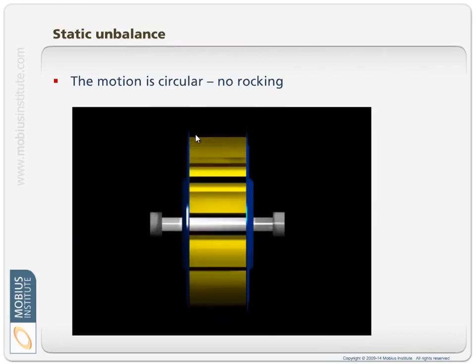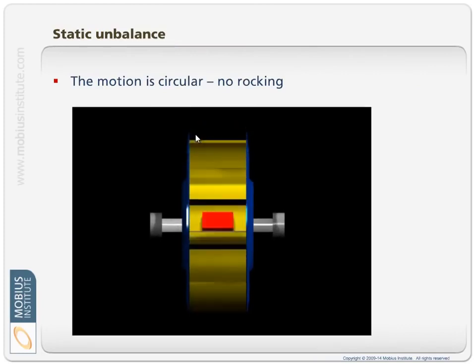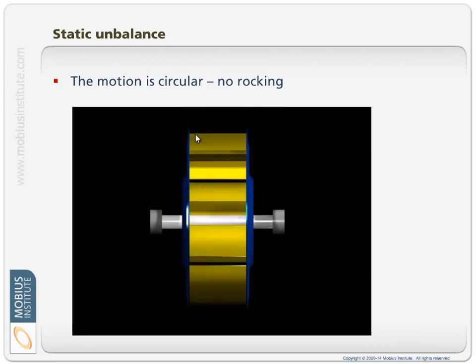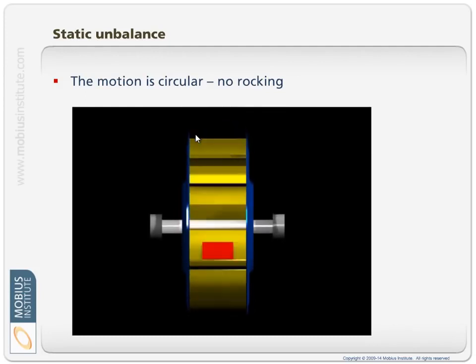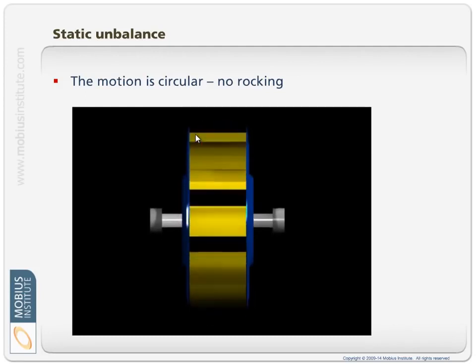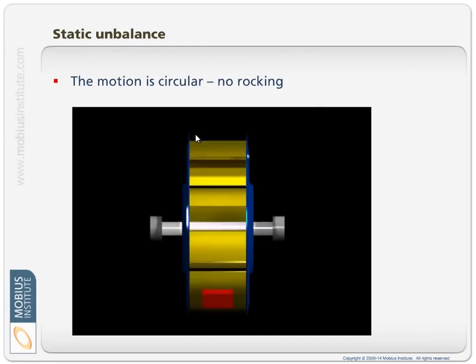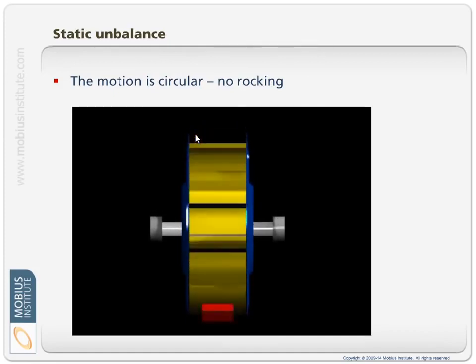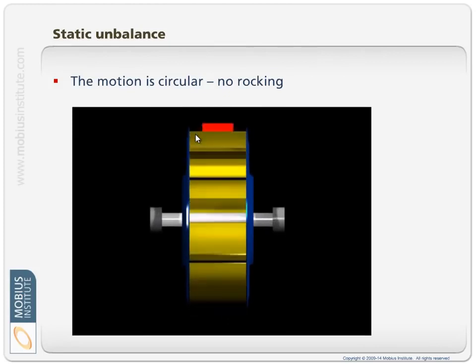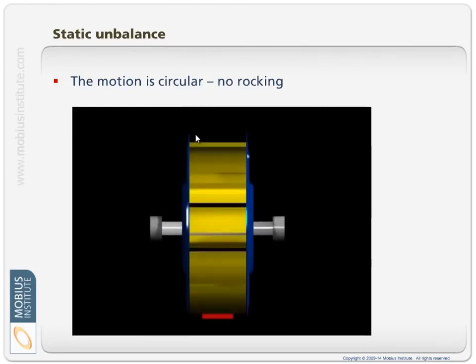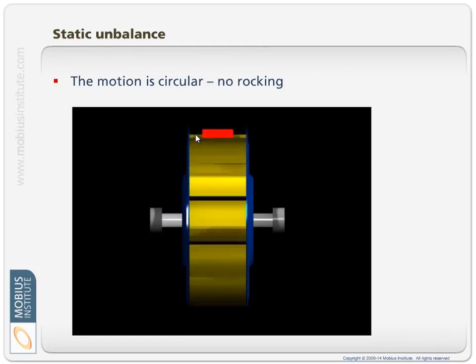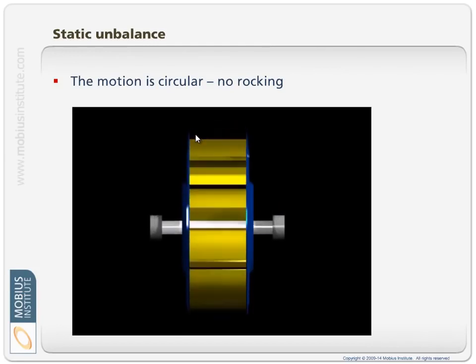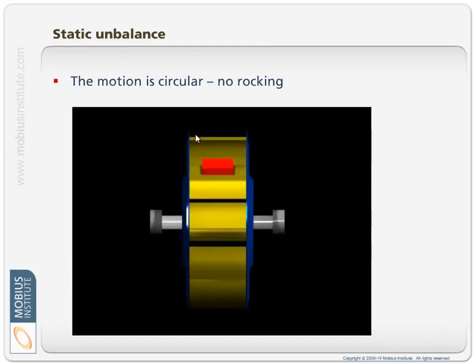Now, here is what we call single plane unbalance, static unbalance. The fan is very narrow compared to its diameter. All the unbalance is sort of concentrated, if you like, in one plane. And what's happening is, if you imagine a circular motion that we're looking at from the side, the two ends of the rotor, assuming it's supported at both ends, are moving up and down together.